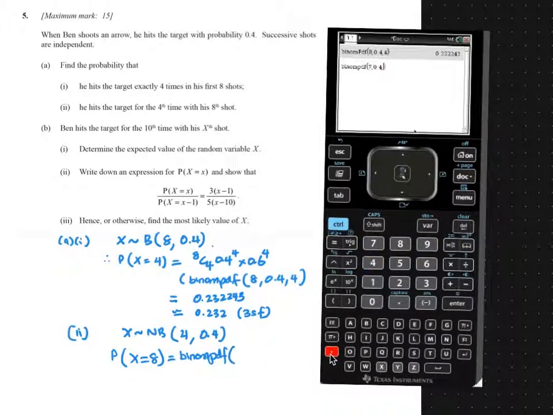We have 7 previous attempts, 7 comma 0.4. We want 4 successes altogether, so we have 3 successes previously and times 0.4 here, and we get 0.116122, approximately equal to 0.116 to 3 significant figures.